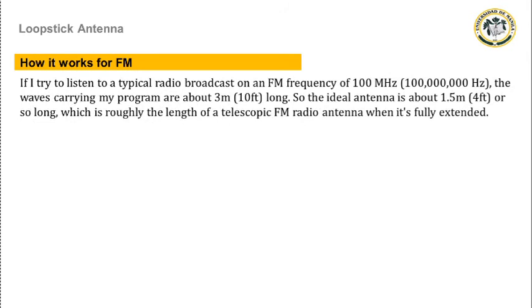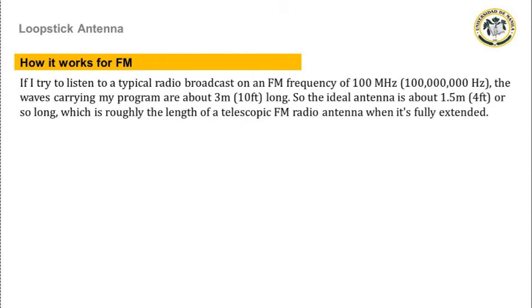How FM works. If I try to listen to a typical radio broadcast on an FM frequency of 100 MHz, or 100 million Hz, the waves carrying my program are about 3 meters or 10 feet long.